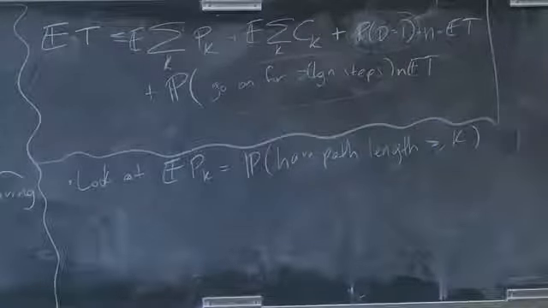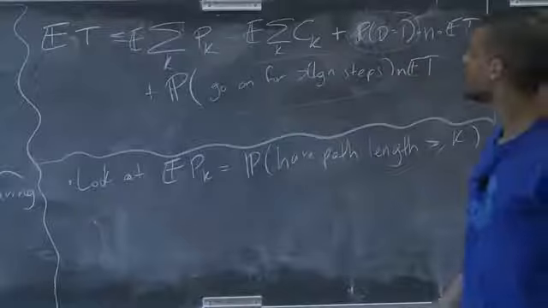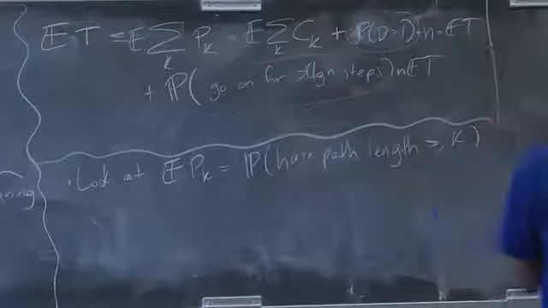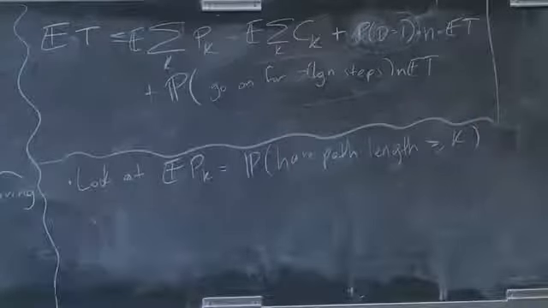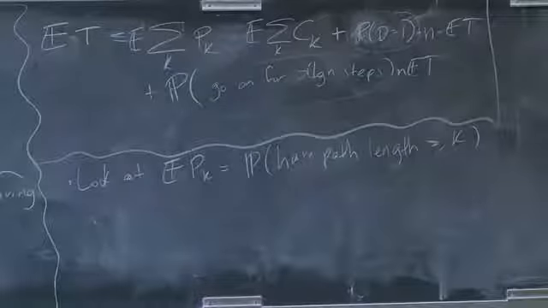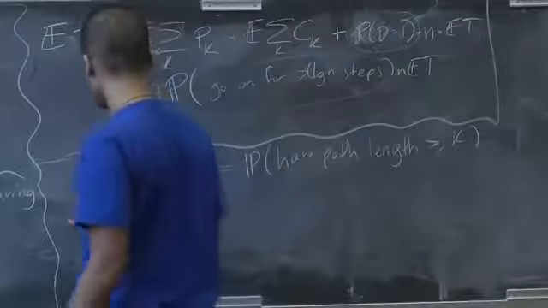So what we'll do is we'll look at all possible paths of length bigger than or equal to k and ask what's the probability that we see this particular configuration or this particular occurrence, and then we'll union bound over all of them.